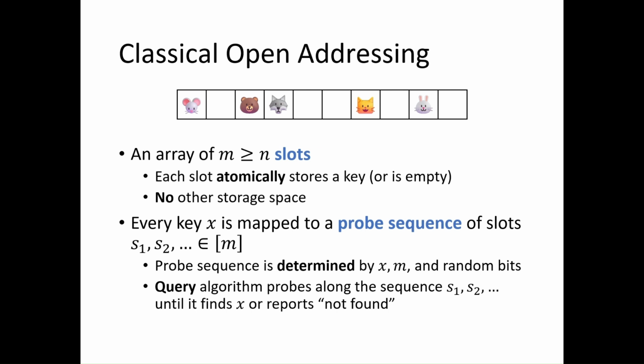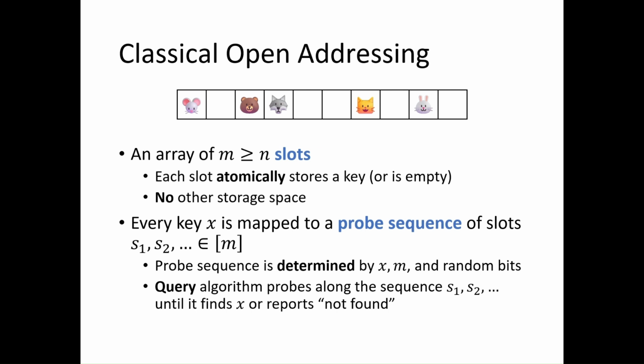The second property says that each key X is mapped to a probe sequence of slots, namely S1, S2, and so on. Each of the entries in the sequence is one of the M slots in the array. This sequence should be fully determined by the key X itself, the size of the hash table, and some random bits.